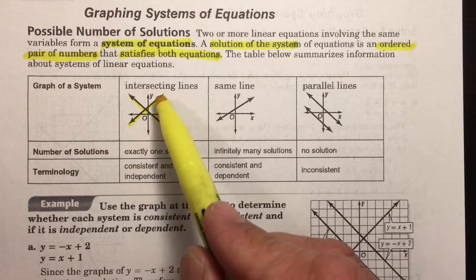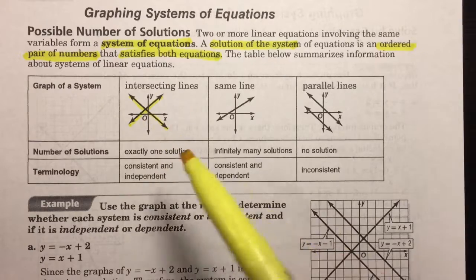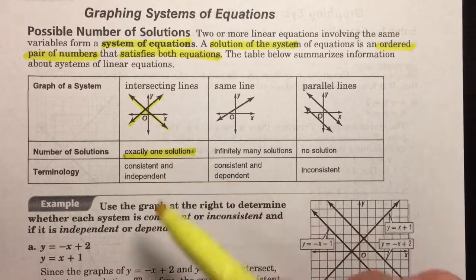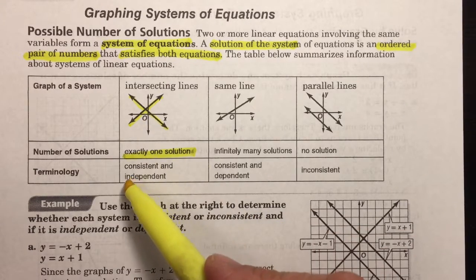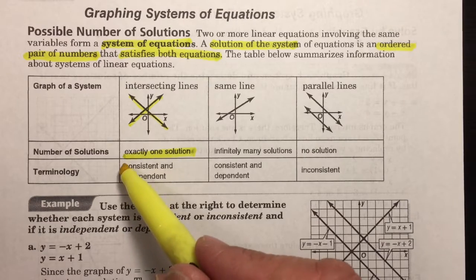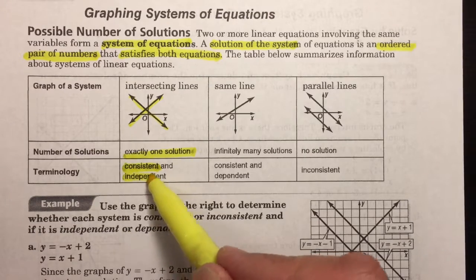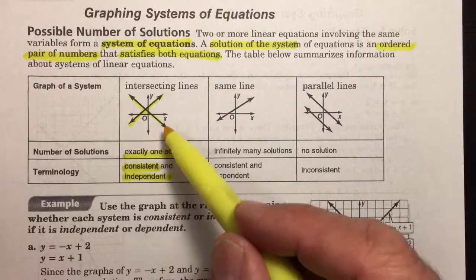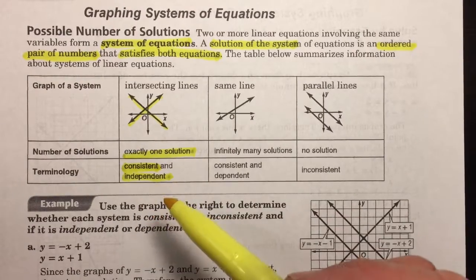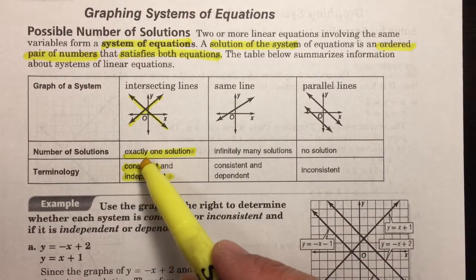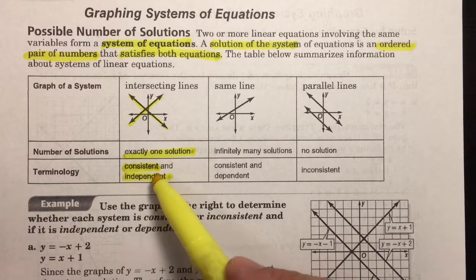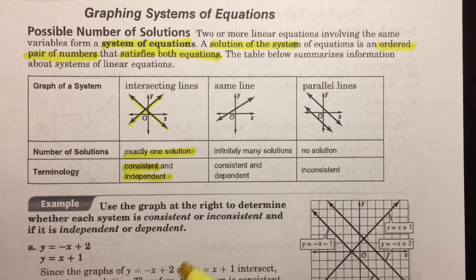So they have one point of intersection, so they have exactly one solution. And we say that the system is consistent and independent. Let's go to the next one.